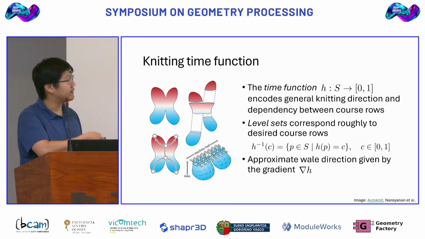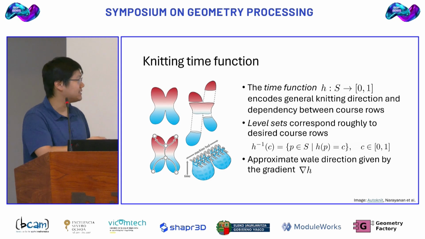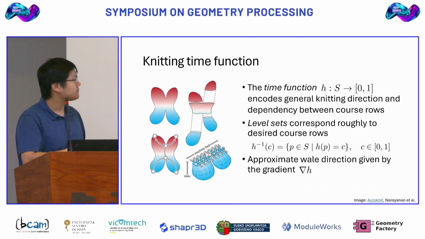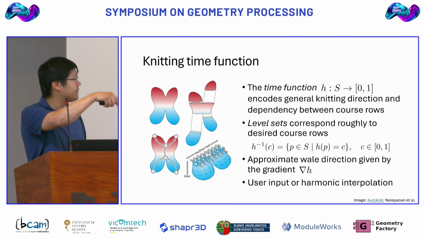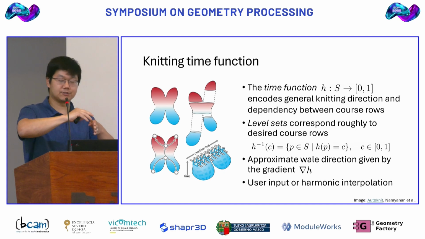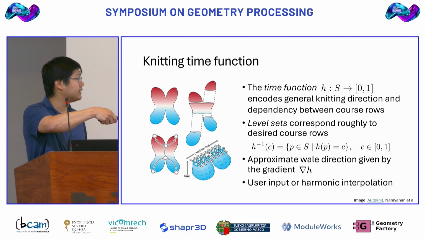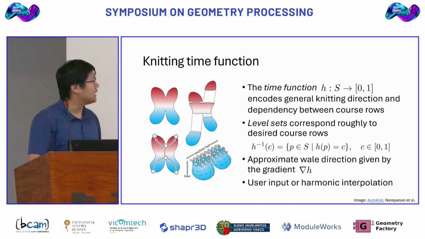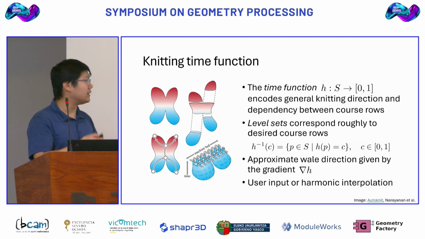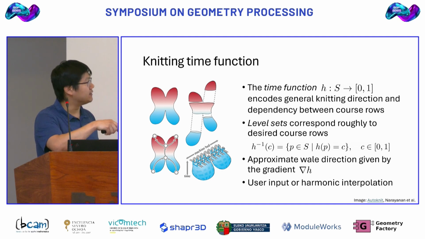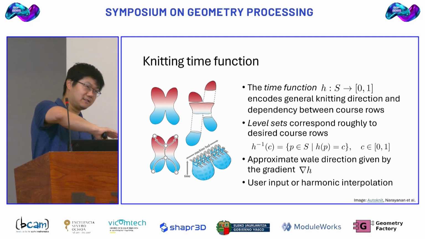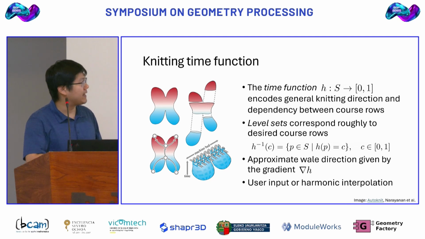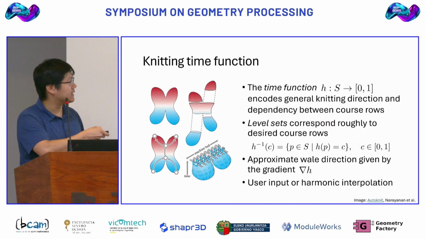And the wale direction is going to be normal to the level sets, so it's given by the gradient. Typically, this is given either as user input, or in many cases the user just specifies where they'd like the knitting to start and end, and you do a harmonic interpolation to come up with a smooth function that interpolates from beginning to end. So this is one fashion in which you can specify, given the base geometry, how in general you want the knit pattern to be aligned, through this time function.